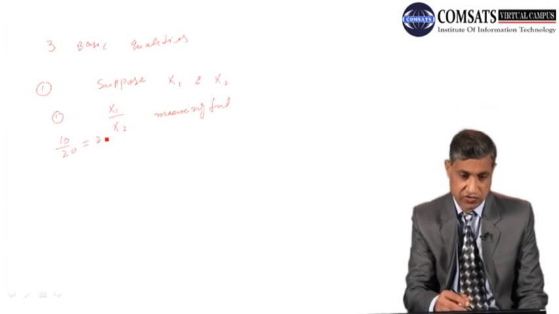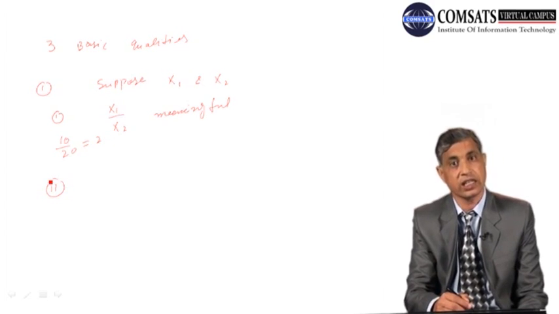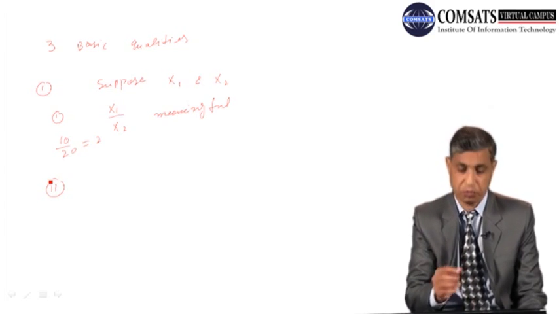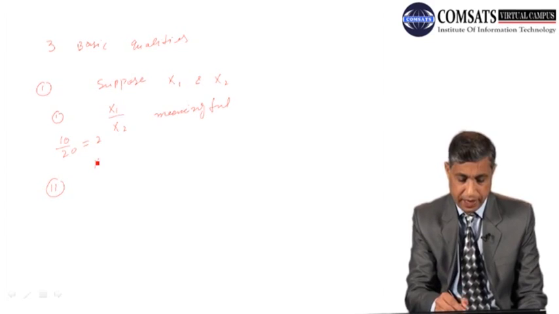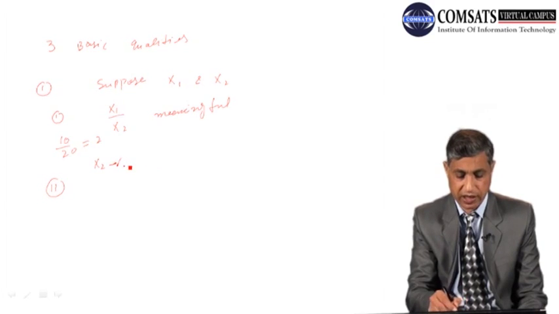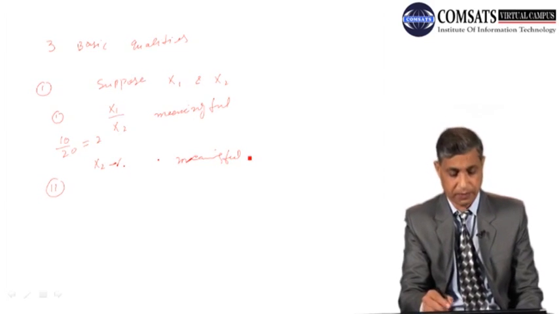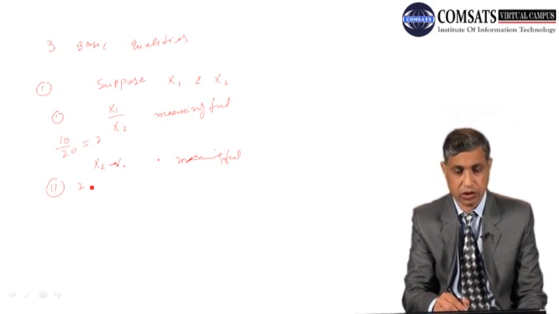The second condition is that the difference of these two values should be meaningful. For example, x2 minus x1 should also be meaningful. What this means is, if I subtract 10 from 20, it is 10.